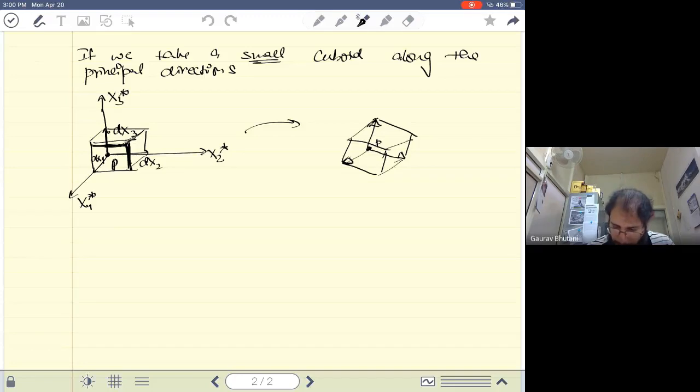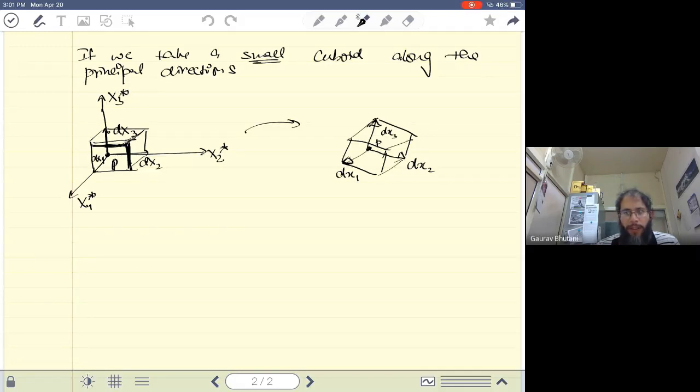So the lengths in this case we'll call d small x3, d small x2, and d small x1, because remember that d capital X vector goes to d small x vector, but they are mutually perpendicular. So now, since it's mutually perpendicular, we can easily find the volume of this.